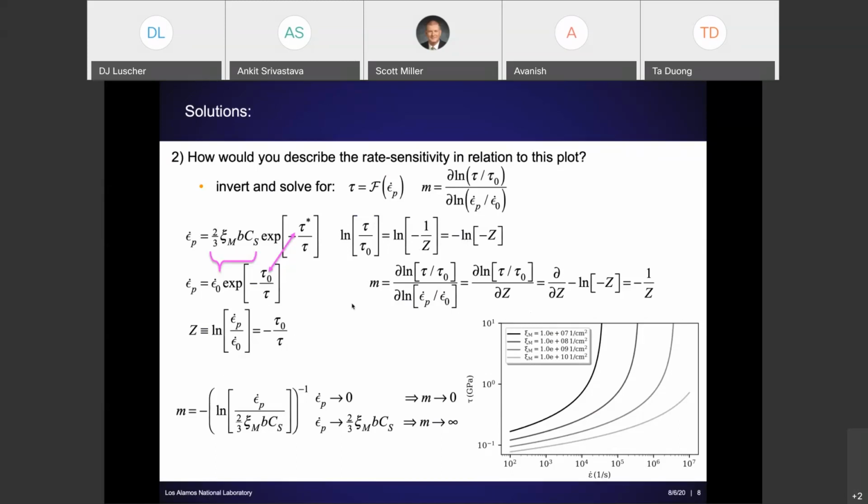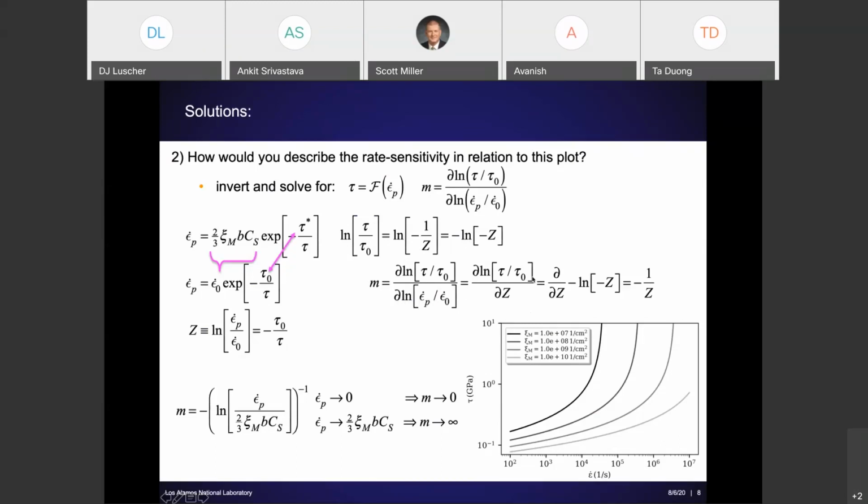So the final step is to take the derivative of the natural log of tau over tau 0 with respect to my z variable, because z is the natural log of the plastic strain rate over the reference strain rate.